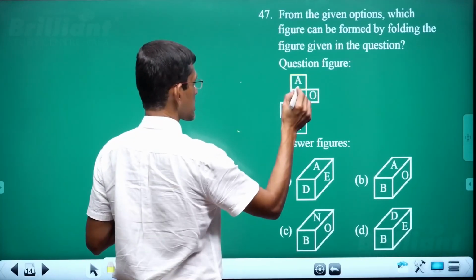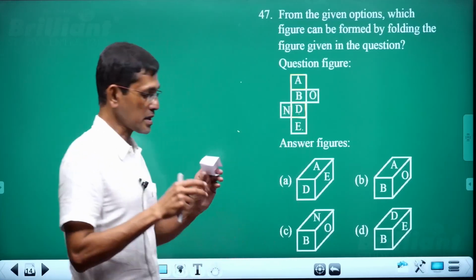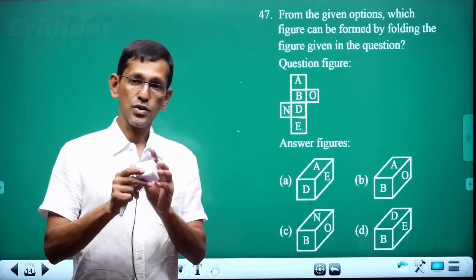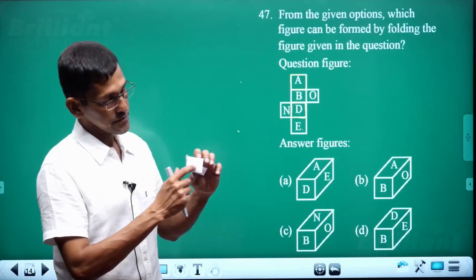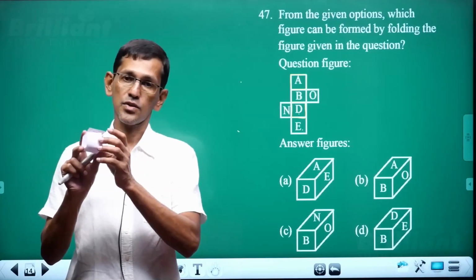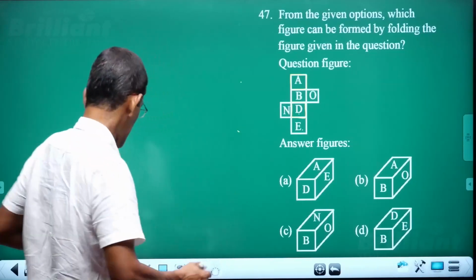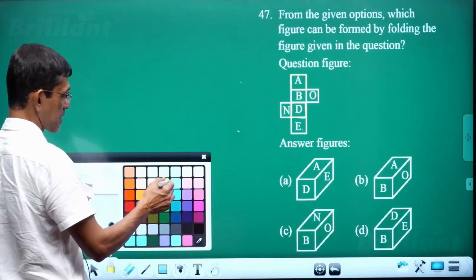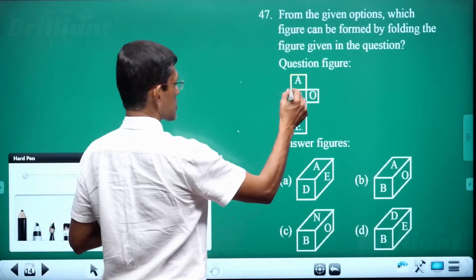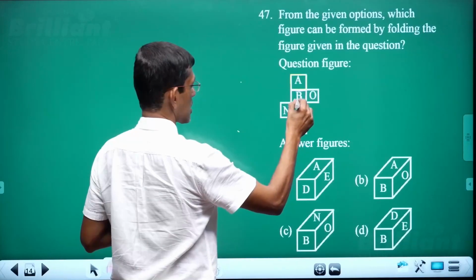At the same time, you can see that B and E are opposite as well. B is here and E is here. So let's mark it with a different color. B and E are opposite.